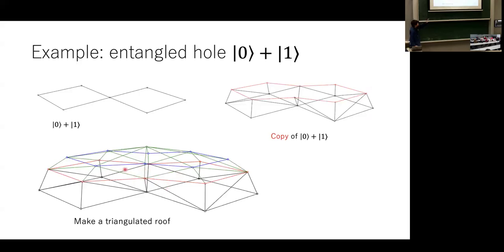If you wisely choose triangles and take their boundary, the 0+1 state appears as the boundary of those triangles. So this hole is no longer a hole by this construction.